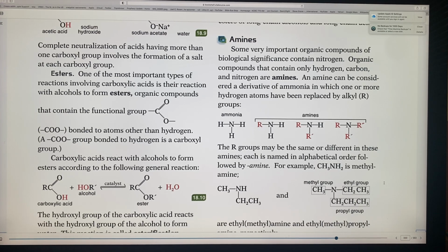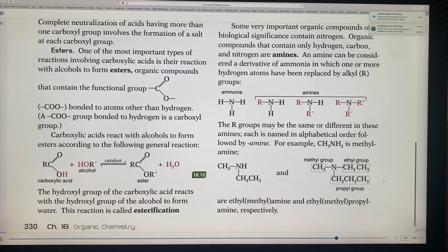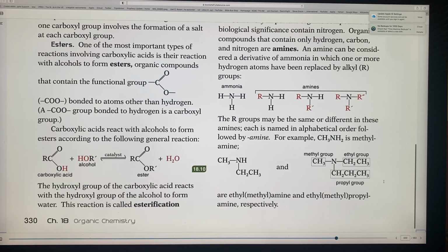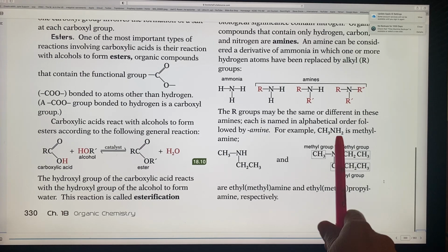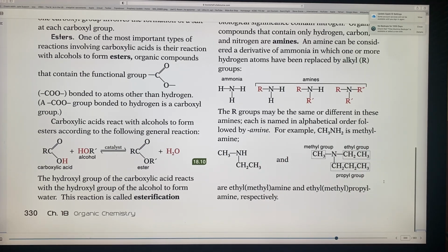So again, talking about amines, we have different kinds of amines, and the name always has amine at the end, so you know it comes from nitrogen. They're also followed by amine. Again, you're going to have the ethyl group, the methyl group, all these groups followed by amine to tell that it is an amine.